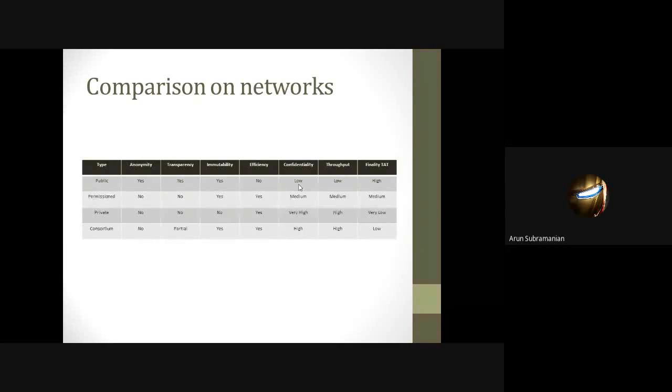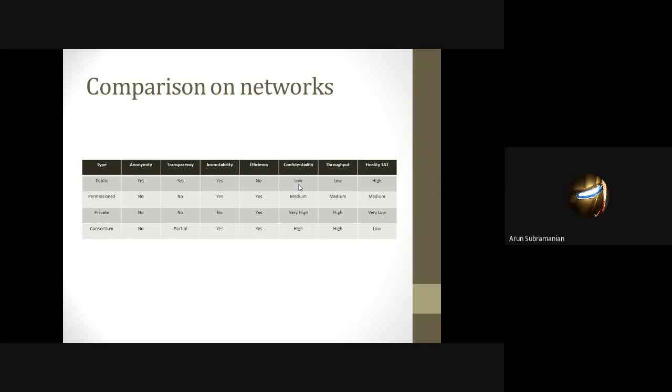The same case in permission, it's medium. Since a group of nodes are there, and some permissioned group of nodes are there, it is minimum because the number of nodes interacting between themselves is comparatively lesser than public. Then in private, it's very, very low. Whatever network you have is your own nodes. So Reliance group will have their own nodes inside.